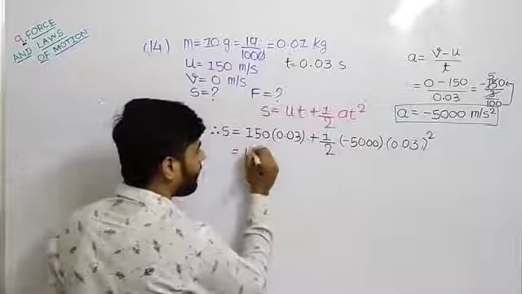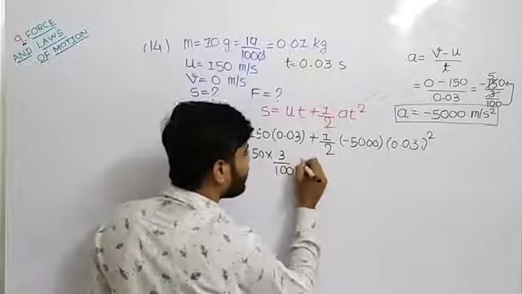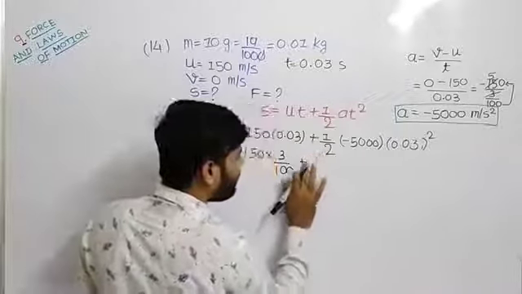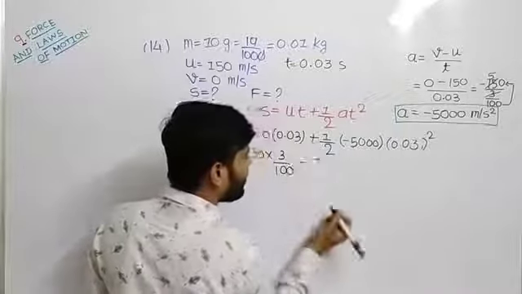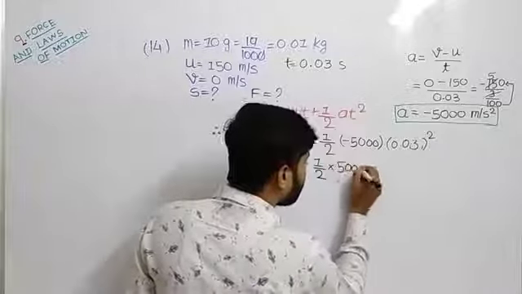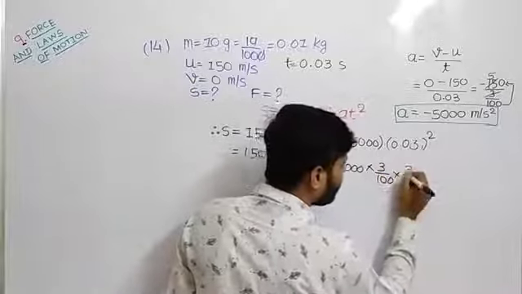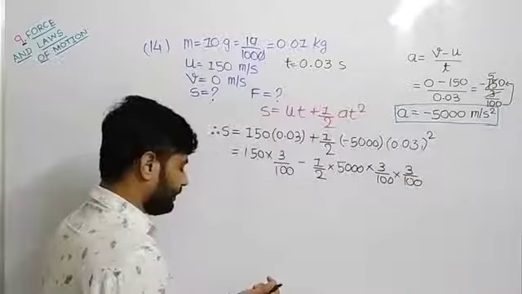So here I have 150 into 3 divide 100 plus, I will put here minus, half into 5000 into 3 by 100 into 3 by 100.